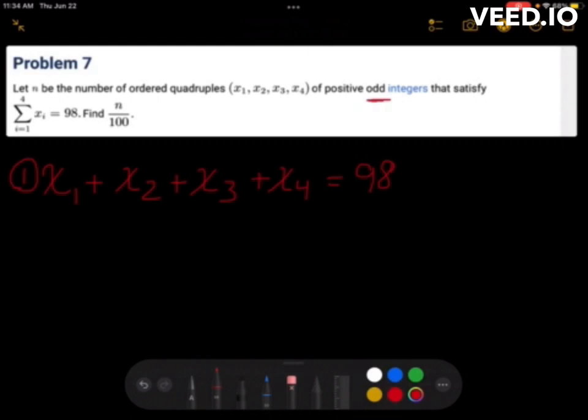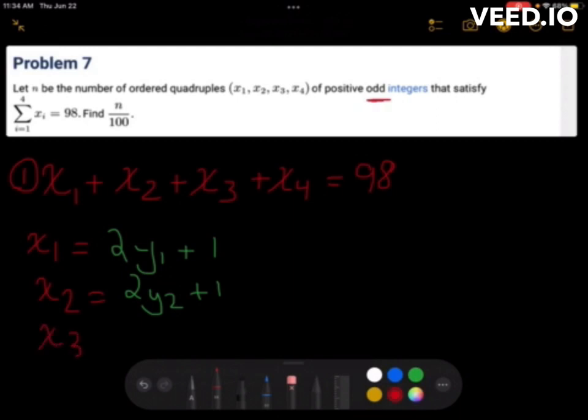So we know that x1 is equal to 2 times an odd number, say y1, plus 1. x2 is equal to 2 times another odd number, y2, plus 1. x3 is equal to 2 times another odd number, say y3, plus 1.